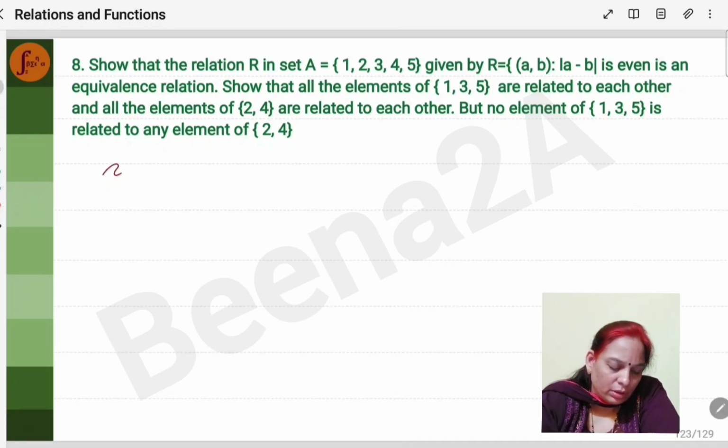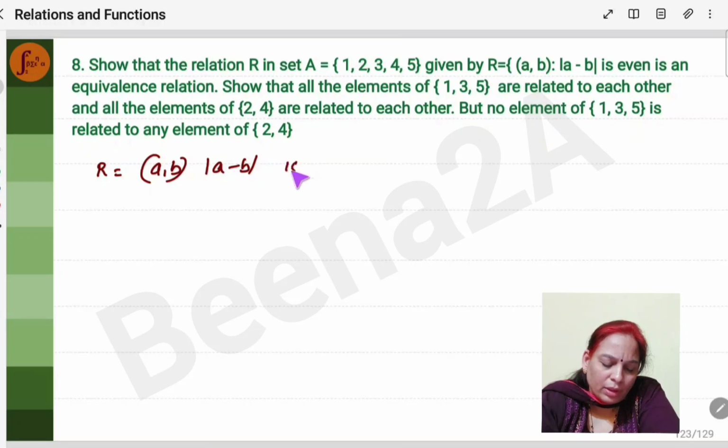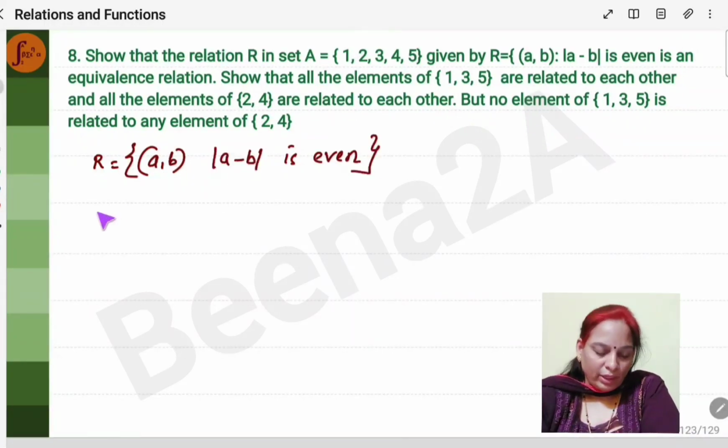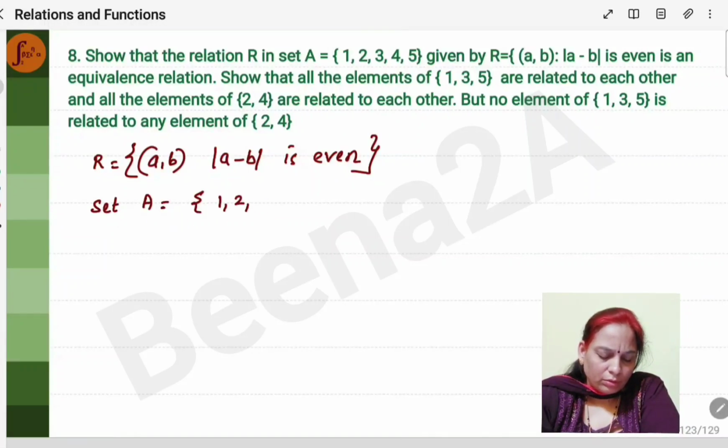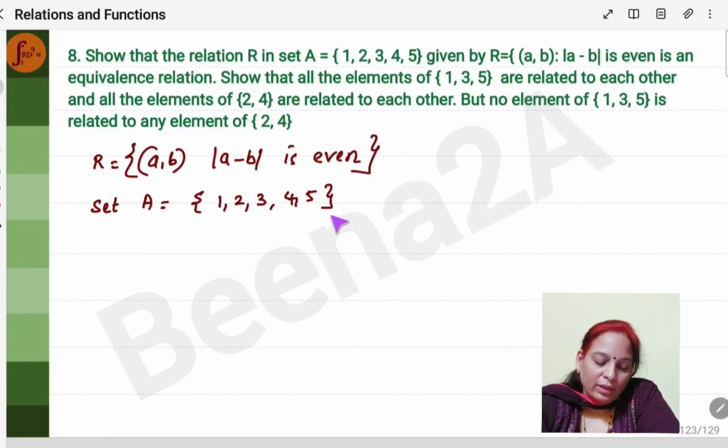Now, what is the relation here? It is A comma B where mod of A minus B is even. So we'll take the set A equal to 1, 2, 3, 4, 5. Any elements we take in this set, when you subtract them, the number should be even.